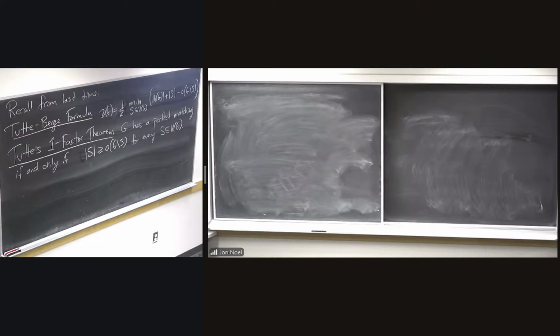And if you think about it, that follows from this theorem, because if there was some set S where this number of odd components was bigger than the size of S, that would make this minimum less than the number of vertices over 2, and then the matching number would be less than n over 2. It wouldn't have a perfect matching. And vice versa, if it does have a perfect matching, then this must hold.